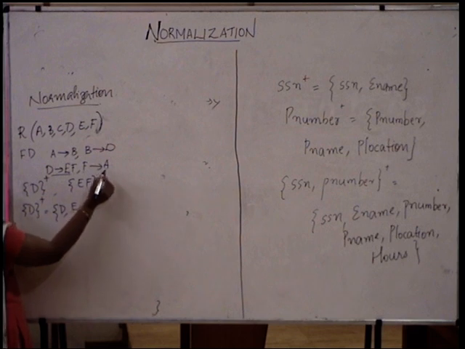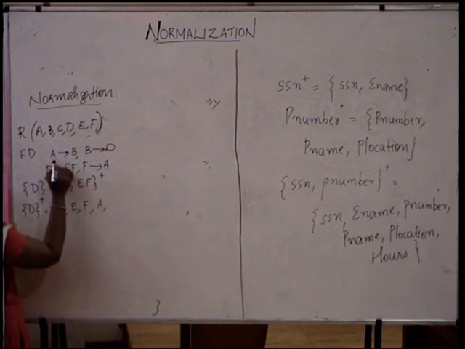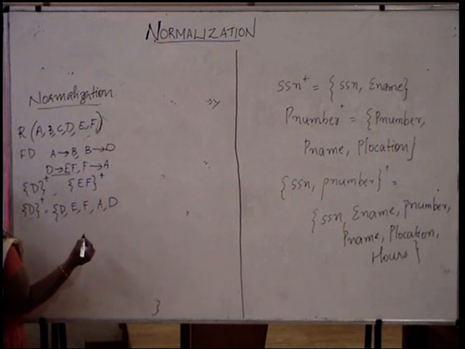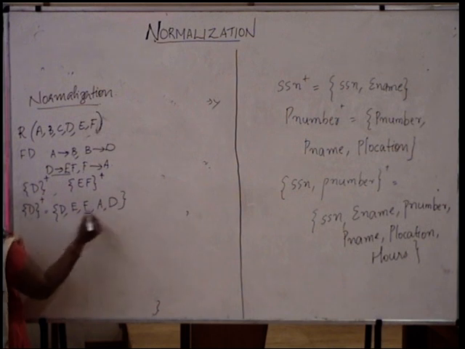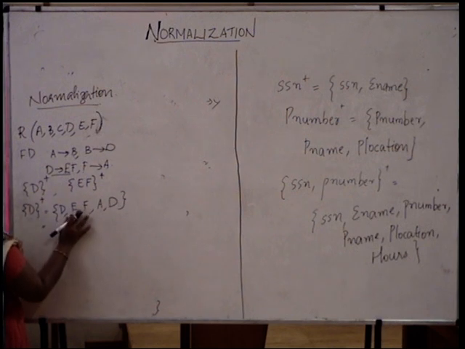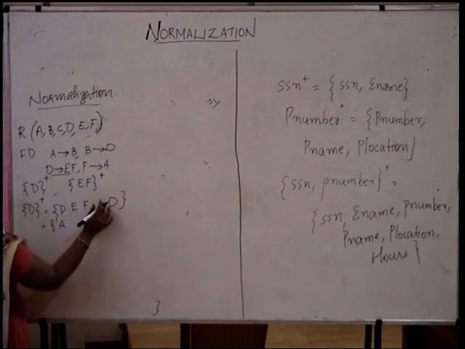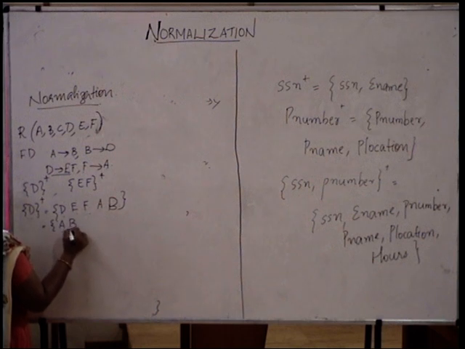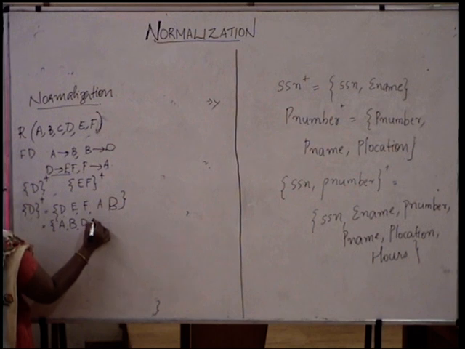From the F we will get A, from the attribute A we will get D. So the closure is A, B, D, E and F.